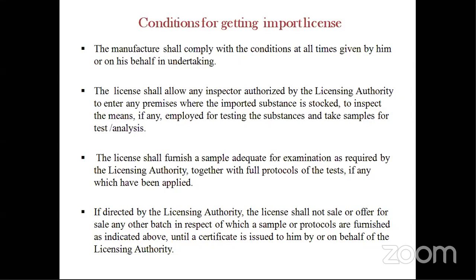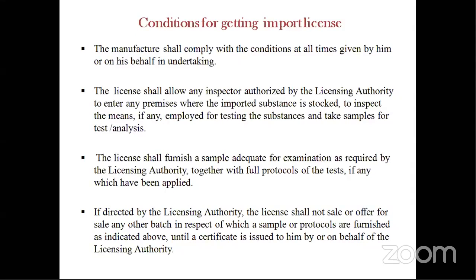Next, the license shall allow any inspectors authorized by the licensing authority. This inspector is directly connected with the licensing authority. When any company or organization is trying to get a license, the licensing authority sends an authorized inspector to that organization or manufacturer.